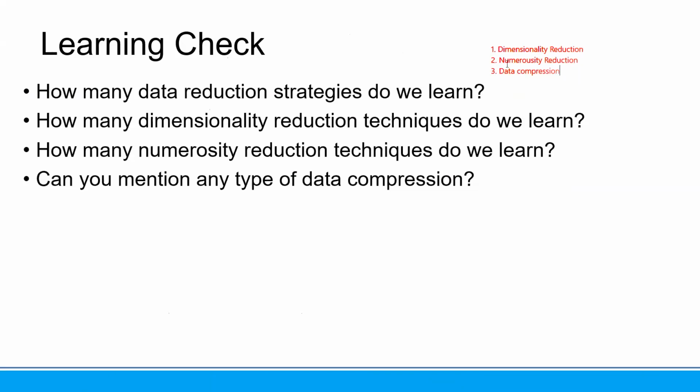So how many dimensionality reduction techniques do we learn? We learn at least 4. The first is wavelet transformation. The second, we learn about PCA. And then we learn about attribute selection.